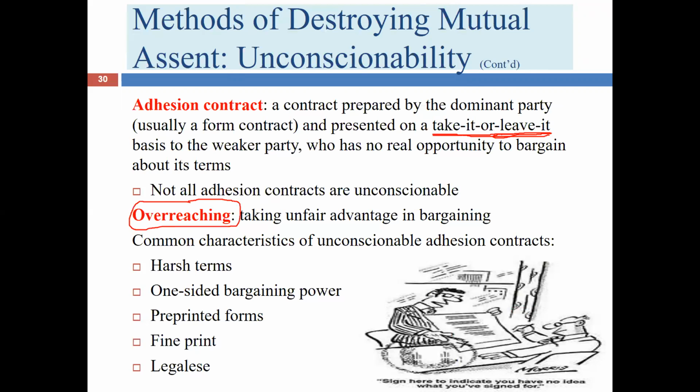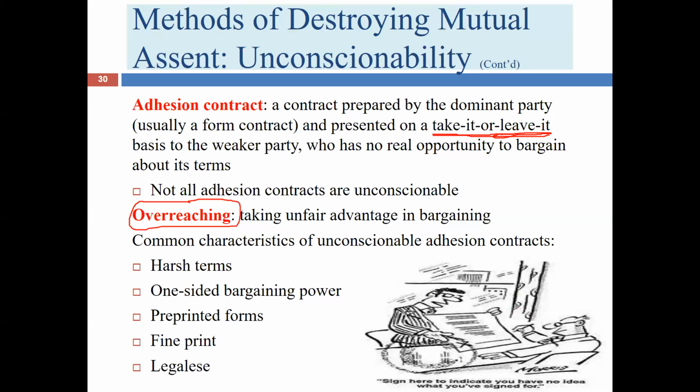Reaching across the table. Maybe you're at the Thanksgiving dinner and the person three plates down from you has something on his plate that looks tasty to you, and you reach over and grab it. Well, guess what? You're liable to get your hand slapped. That would be overreaching. And that's what you could have in an adhesion situation where the AT&T or Sprint or T-Mobile or whatever the company is throws in some real whoppers into the contract that really are pretty darn unfair.